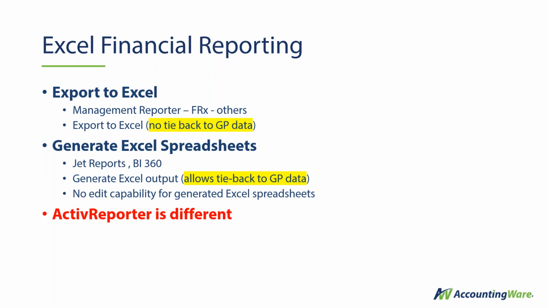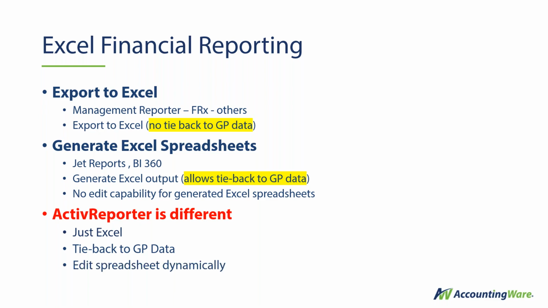But ActiveReporter is different from either one of these experiences, either export or generate, because ActiveReporter is just Excel with added functions. So the ActiveReporter product has taken Excel, added functions to take data out of your GP database and put it onto a spreadsheet. That's all it is. It's just Excel. But we also have full tieback for all of the numbers on your spreadsheet to your GP data.